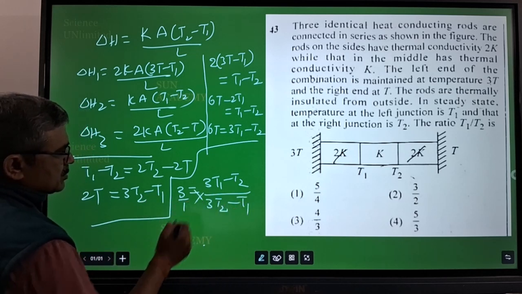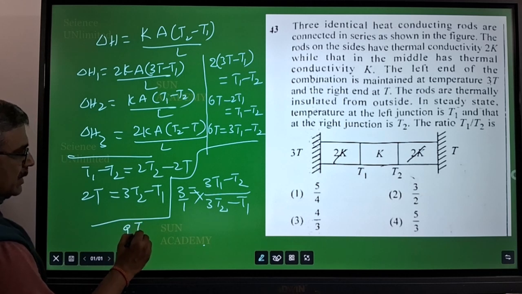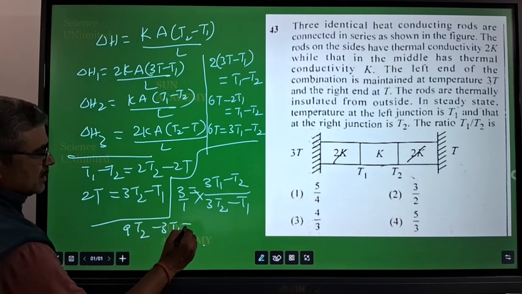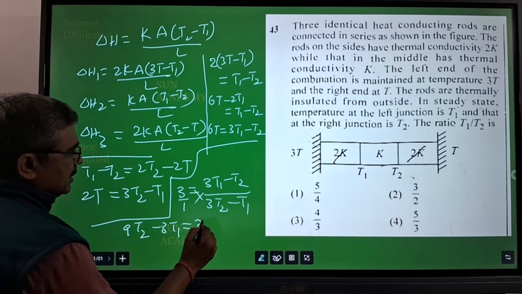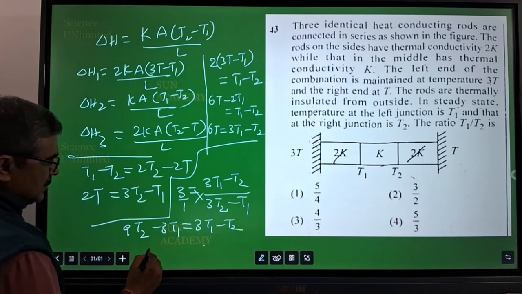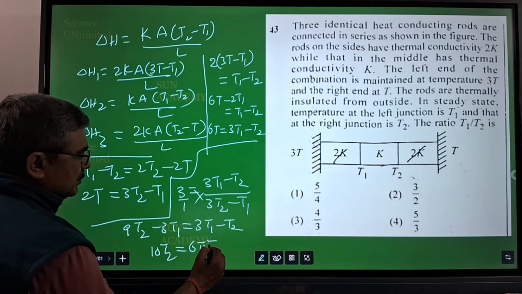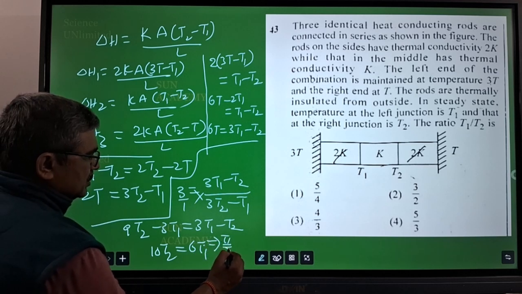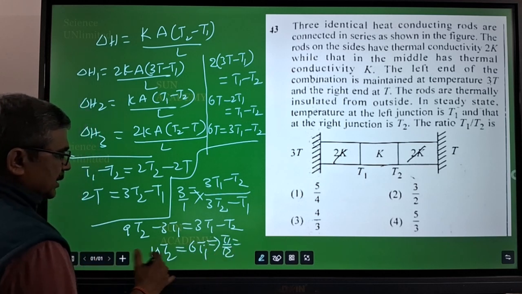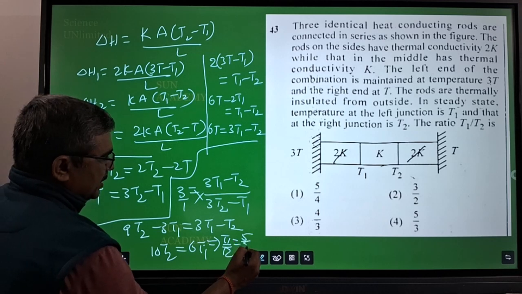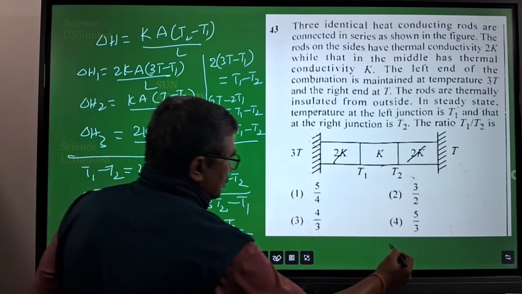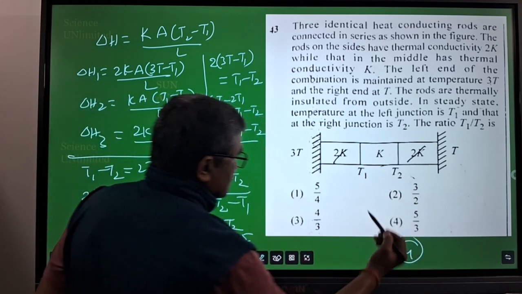Cross multiplying, you will have 9T2 minus 3T1 equal to 3T1 minus T2. So 10T2 is equal to 6T1. From this, T1 by T2 is equal to 10 by 6, which is 5 by 3. So the answer is the fourth option, 5 by 3.